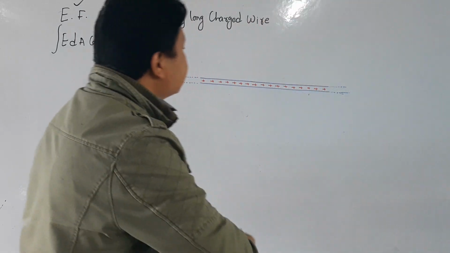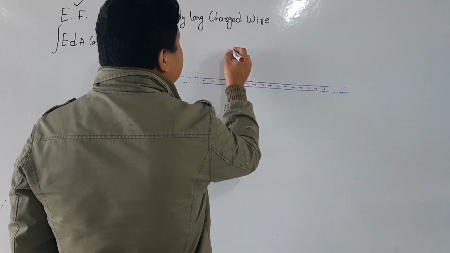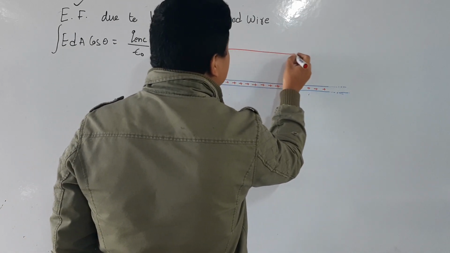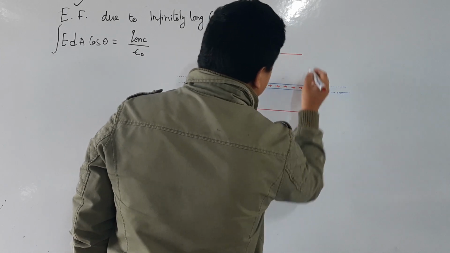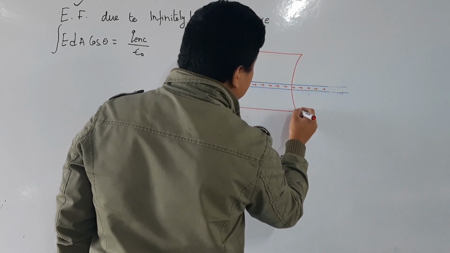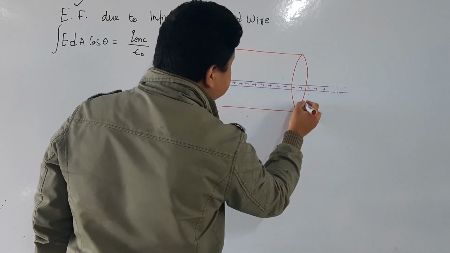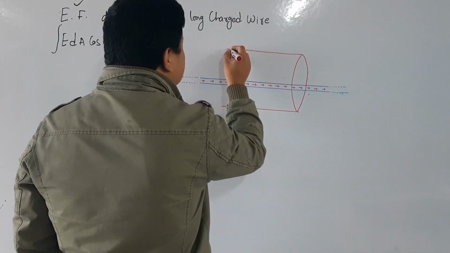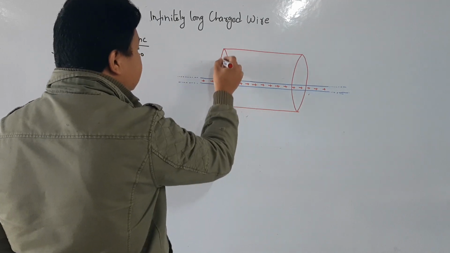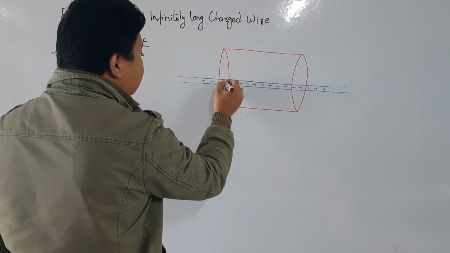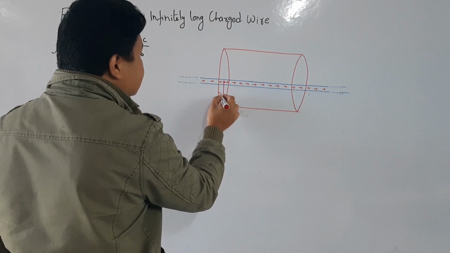So what I do here, I will make a cylindrical Gaussian surface like this. This is going to be very special. This is my Gaussian surface, which is a closed one, and from the center the radius is r.